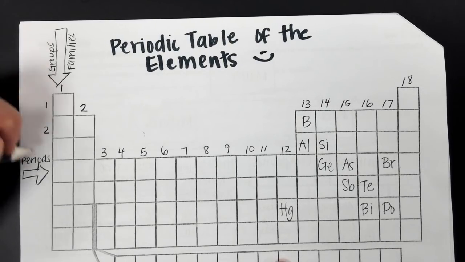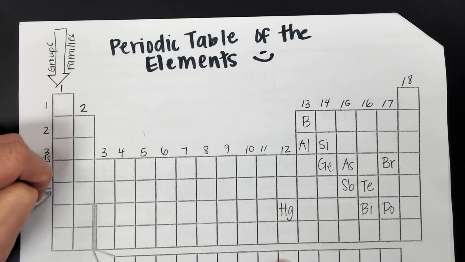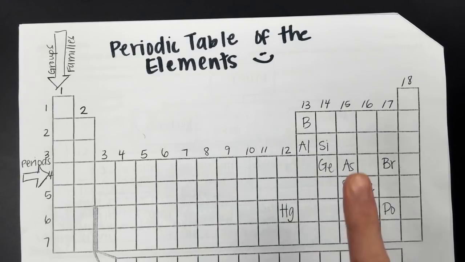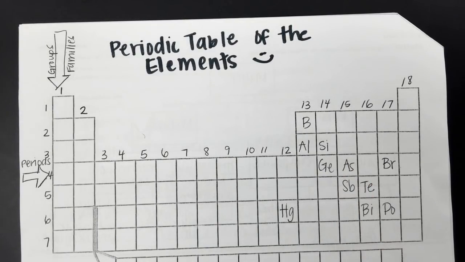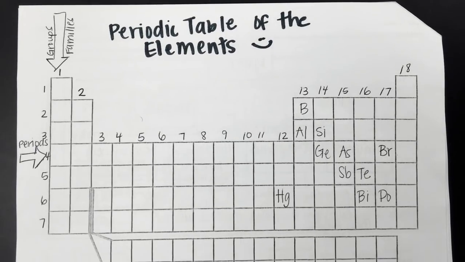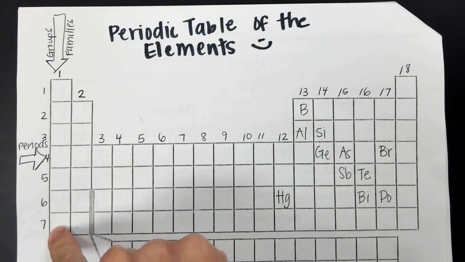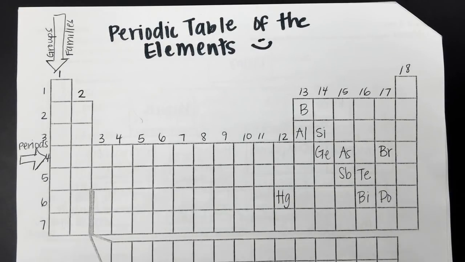So 1, 2, 3, 4, 5, 6, 7. And elements on the same period do not necessarily share the same properties or features. So only elements in the same group do, and it all depends on their outer ring of electrons. Okay, again, we'll talk about that in another unit.